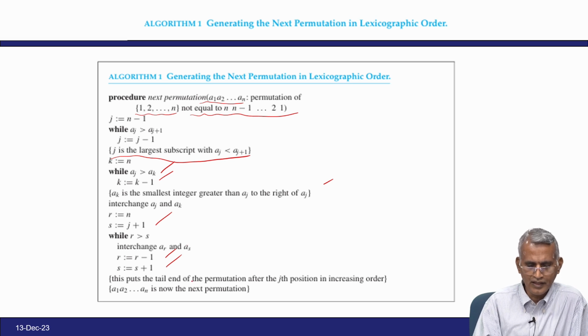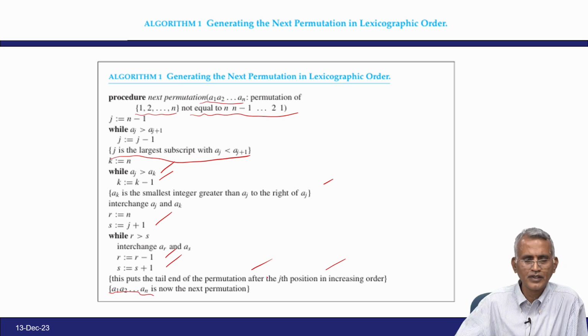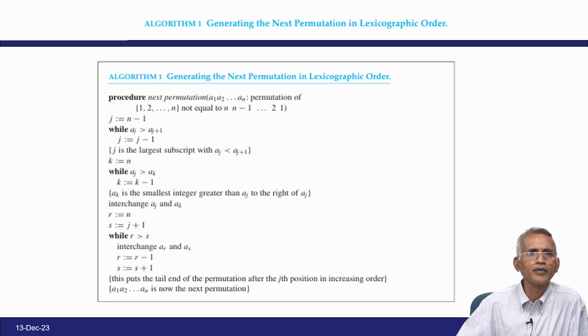This puts the tail end of the permutation after the jth position in increasing order. Therefore, a1 to an is now the next permutation. So, this is the way we can develop the algorithm for generating the next permutation.